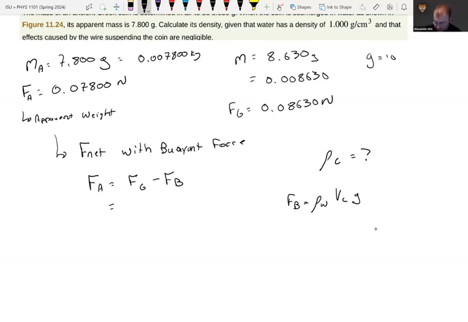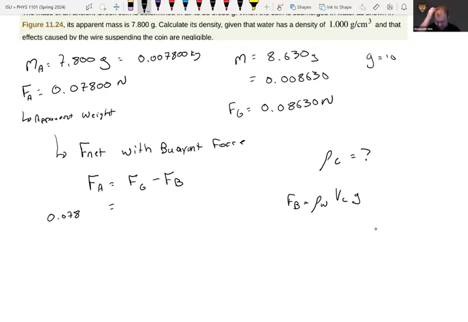And basically what we're going to do here is find the volume of the coin using this method. Once we have the volume of the coin, we can calculate the density of the coin. No problem. Okay, so we have that apparent force, 0.07.